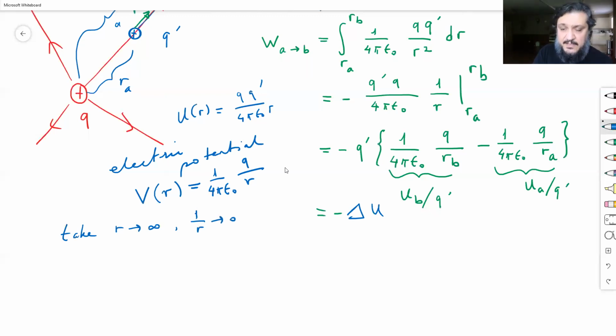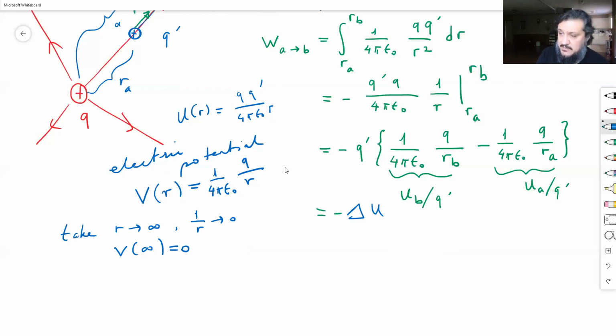So at infinity, this potential will be 0 in this picture, okay? So you may have some situation where infinity doesn't do the job. You can pick another point to be your reference point where V is 0. Okay, that's fine.